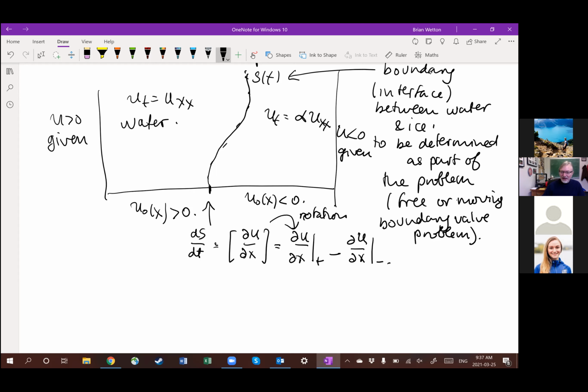We talked a little bit about that last time. In the scaled format, remember the derivatives of temperature give a heat flux. So this is saying the difference in heat flux on either side is causing the ice to melt or freeze. And so this interface is moving to the right or to the left, depending on the sign of this difference.